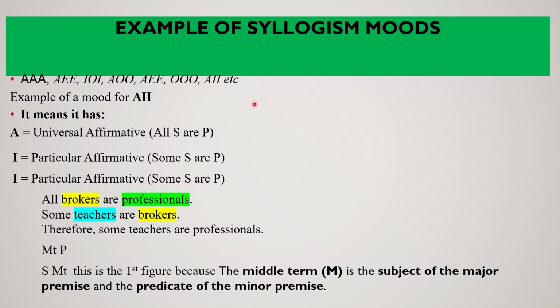Imagine by doing only this, you are given 5 marks for AII. So if there are 4, you are easily going to acquire the 20 marks.